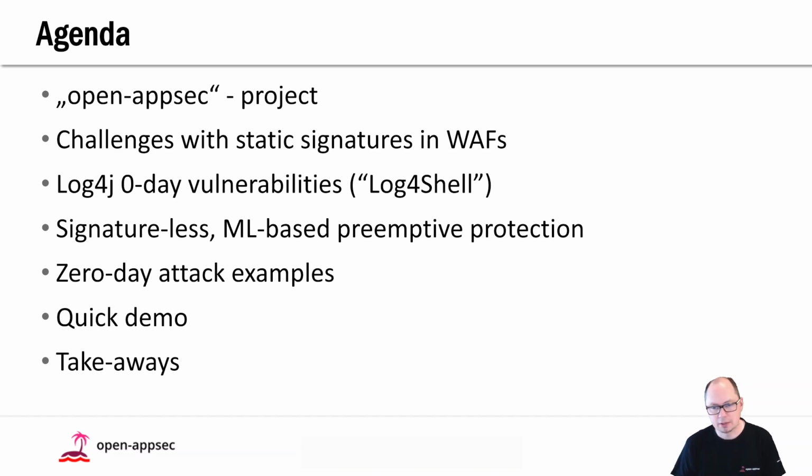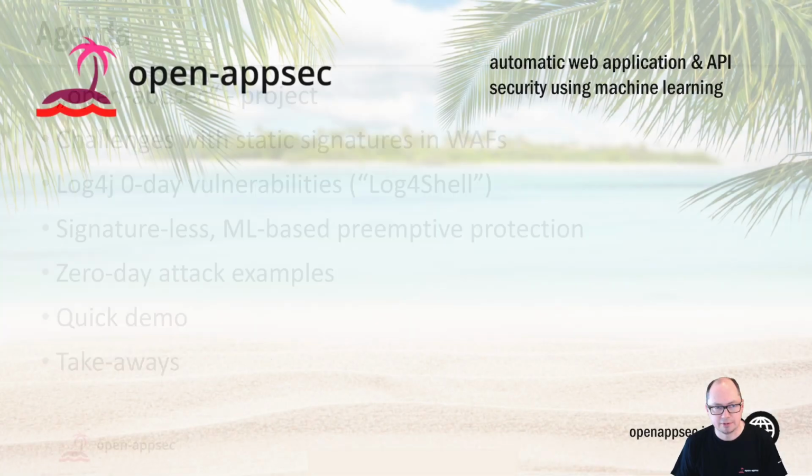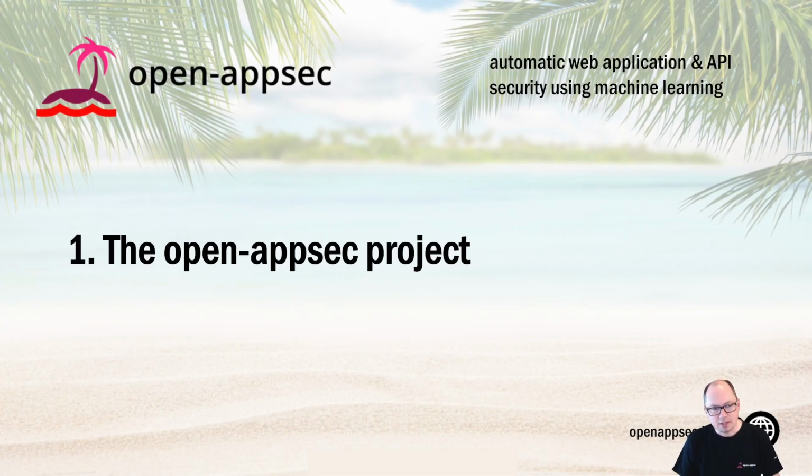Then I will show a quick demonstration in open-appsec, firing a real attack and seeing what happens, like a successful example, and also one where it gets prevented by the open-appsec machine learning. Then I will conclude this video with some final takeaways. So let's start by having a look at the open-appsec project.